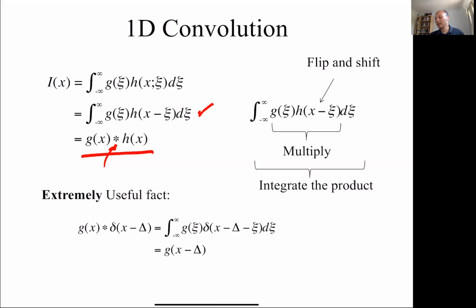It means you take one function, g of xi, and you take the other function, and notice it's x minus xi, so you have to flip it and shift it. We'll talk about that in a minute. Then you multiply those two functions together, and then you integrate the product. And you have to repeat that for each value of x.